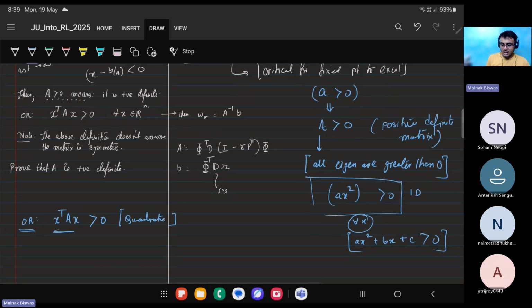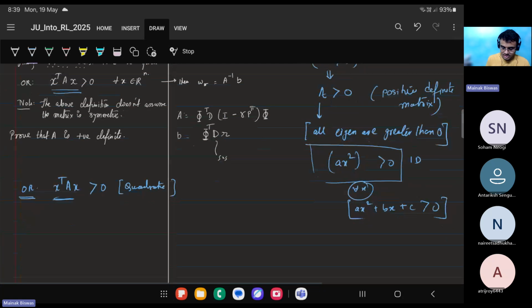Let us see how we prove that this quadratic is greater than 0. You can go and see the videos from last time. Let us try and see if we can really prove it.